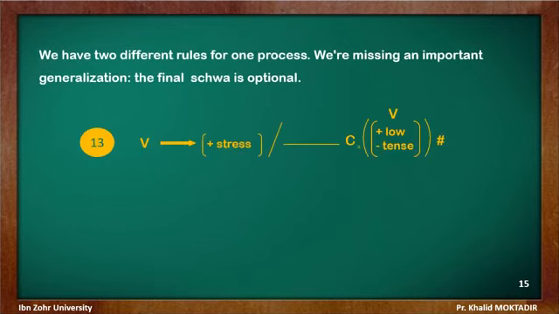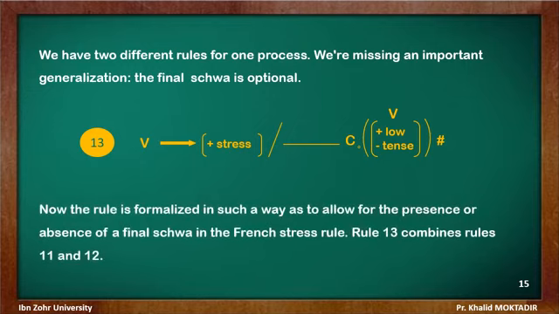So we have two different rules for one process. Here the generalization is that the final schwa is optional. So we do this to combine the two rules 11 and 12.